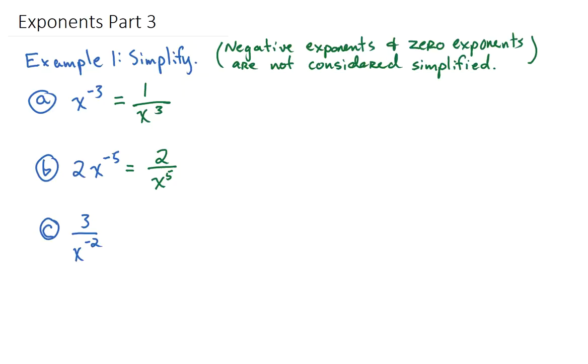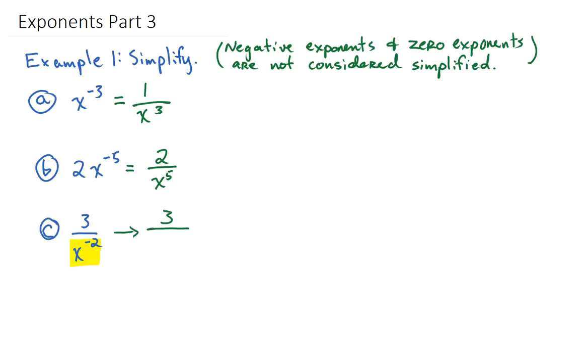Alright, now let's say we have 3 over x to the negative 2. So this one's a little trickier because it's already in the denominator and it's a negative. So I'm going to break this down a little bit for you so you can see what's happening. But in the end, you'll get to where you can easily move past showing all these steps. So first of all, I want you to think of working x to the negative 2 in the denominator as if it's its own problem.